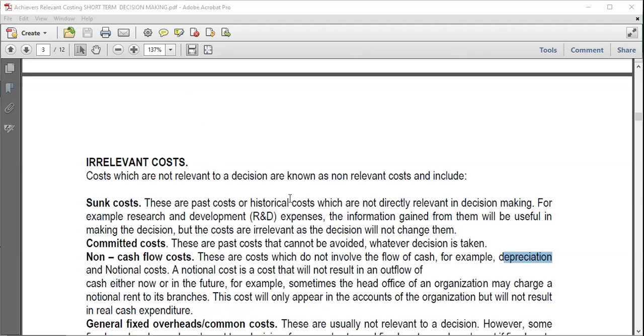So ideally, the cost itself is non-monetary in nature. You don't pay for depreciation, yet you recognize it as an expense within your books. You get it? So it's very important for you to have that in mind.